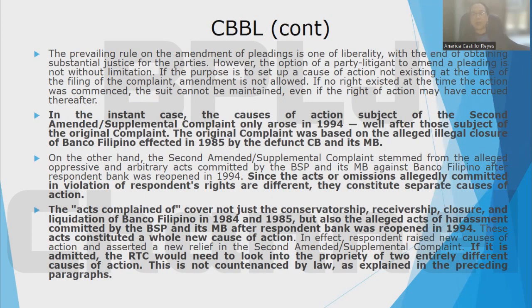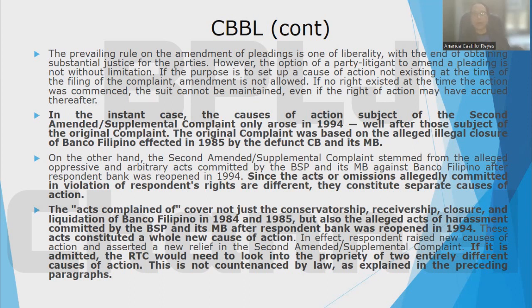In this case, the causes of action subject of the second amended complaint only arose in 1994, well after those subject of the original complaint. The original complaint was based on the alleged illegal closure of Banco Filipino effected in 1985. Since the acts or omissions committed in violation of the respondent's rights are different, they constitute separate causes of action.